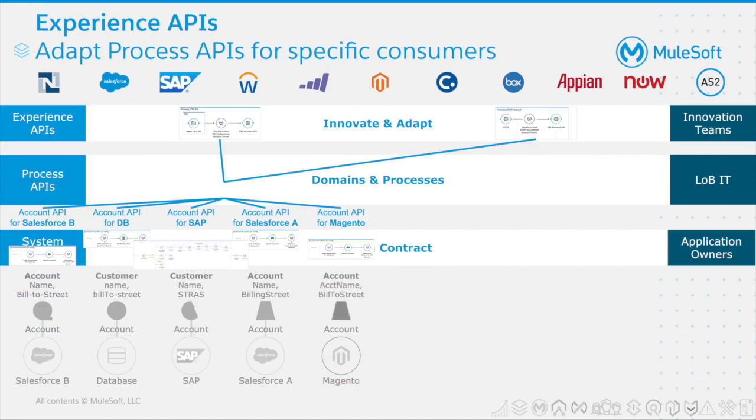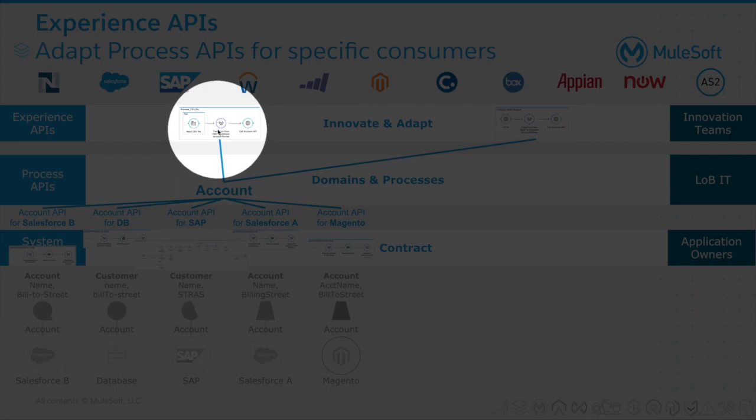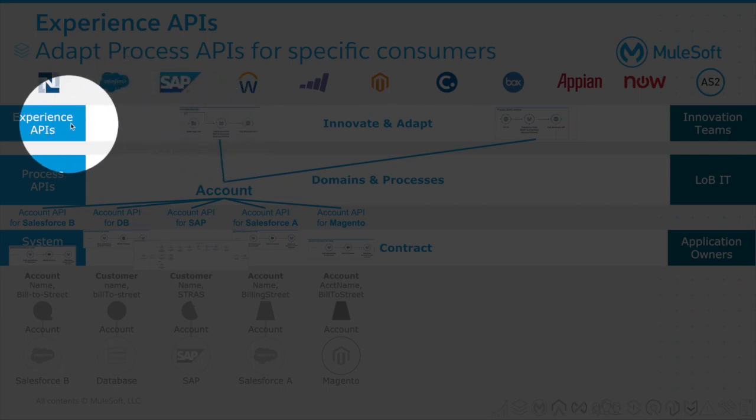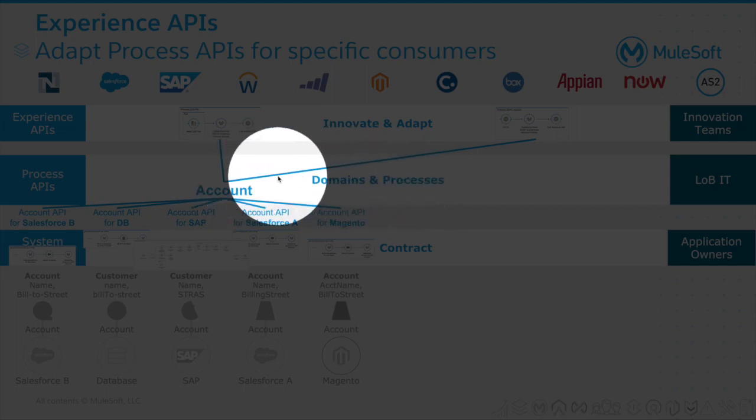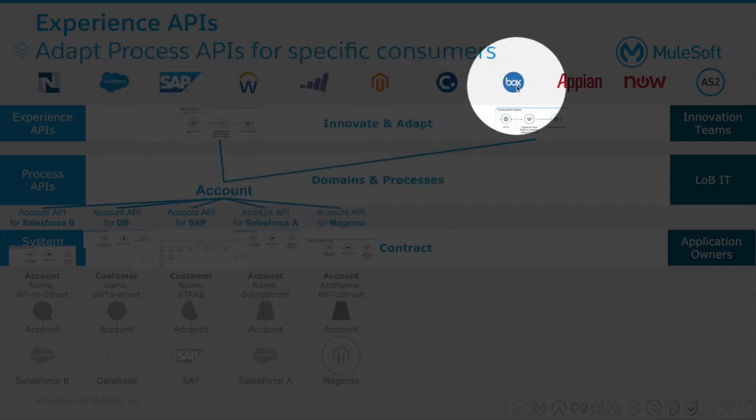Now, the other thing that we're doing is, as we think about having this layer, I am going to have a need to be able to adapt that account information that's coming out, probably in a JSON format if we're building it today, to specific consumers. You know, if SAP needs this in an XML format, we use these experience APIs to adapt the process APIs that we've created here to whatever a particular consumer needs.